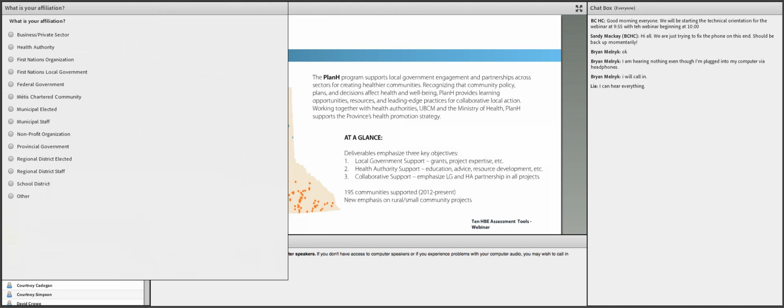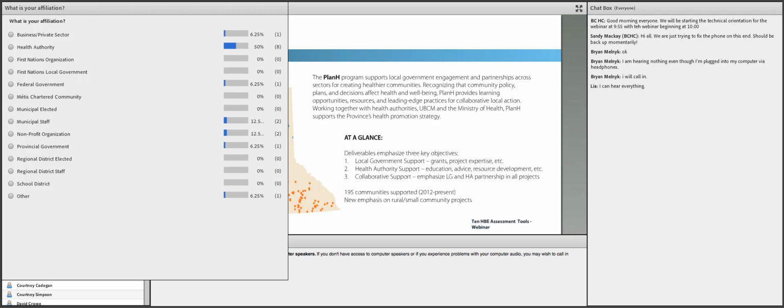So let's just pull up an affiliation poll. Before we get started, it would be great to see where everyone is coming from today, whether it's business or private sector, the provincial government, nonprofit, or even school districts. Just vote using the buttons on the side of the names of the affiliate.